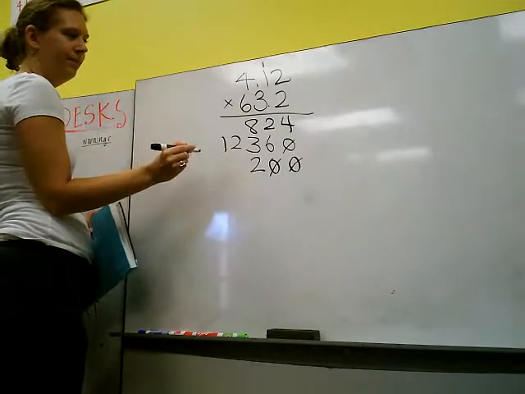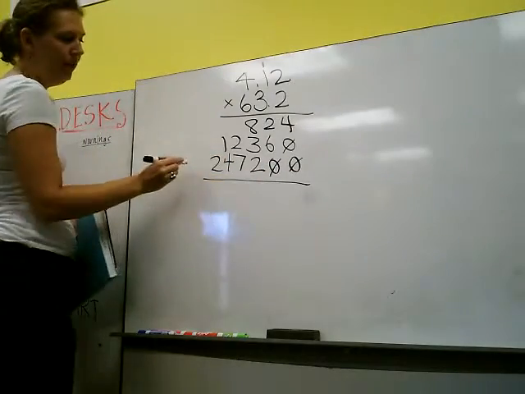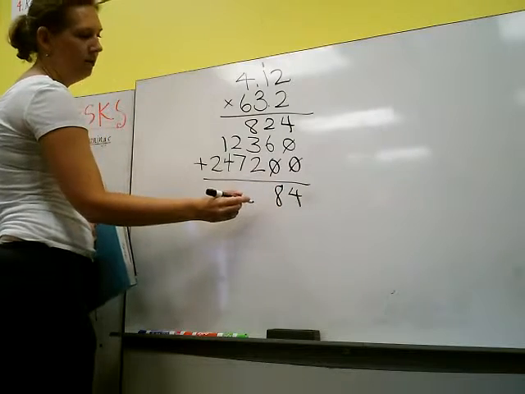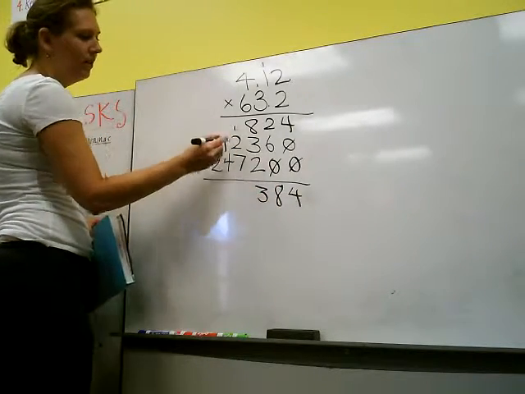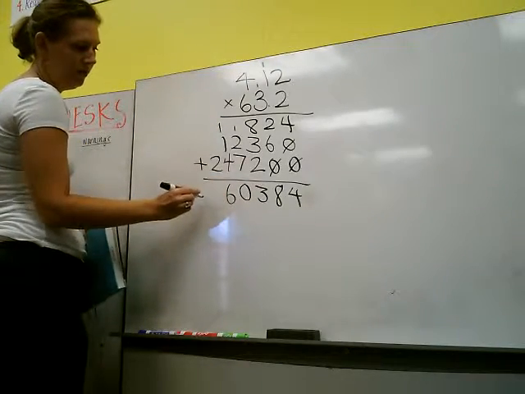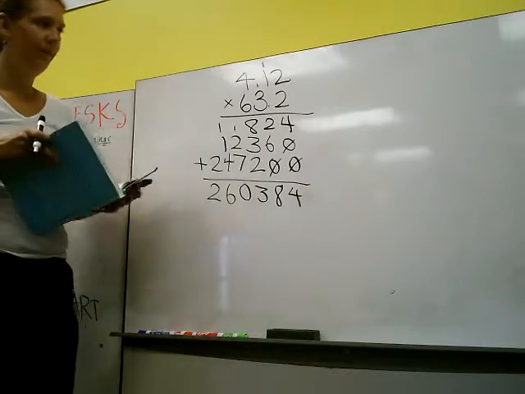Carry my 1. 7. 7. 24. Beautiful. Then we add them all together, right? 4. Keep going. 8. 13. Good. 10. 5. 6. 2. Okay. Am I finished? Nope. What do I need to do?